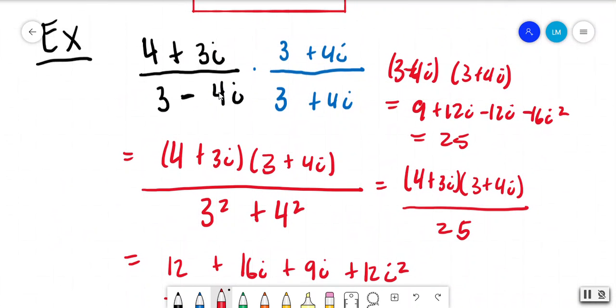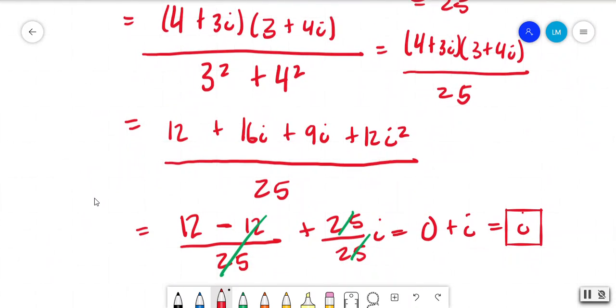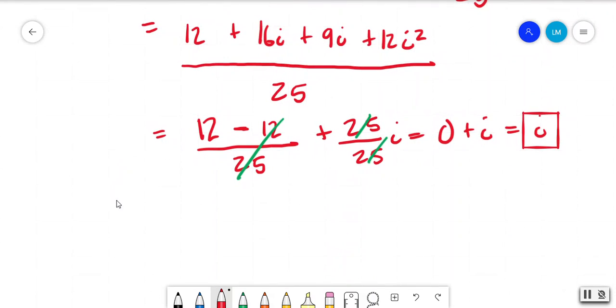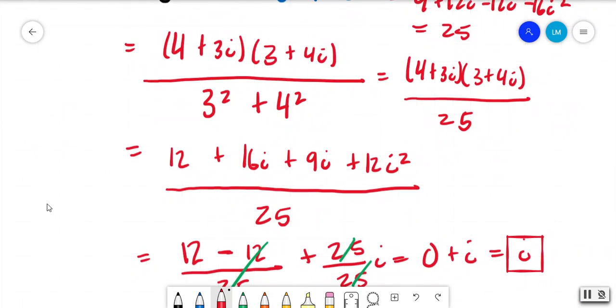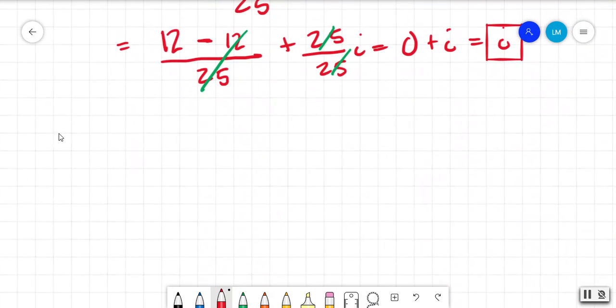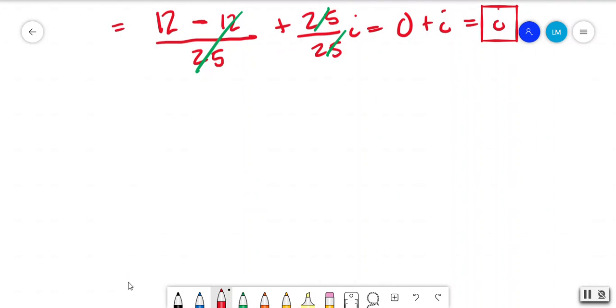Okay, so that's kind of interesting that this one gave us a pure imaginary number. Now, the thing the textbook tends to look at is how do you deal with high values of i?